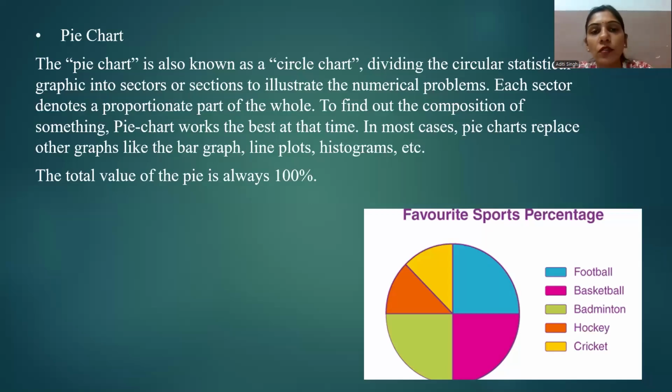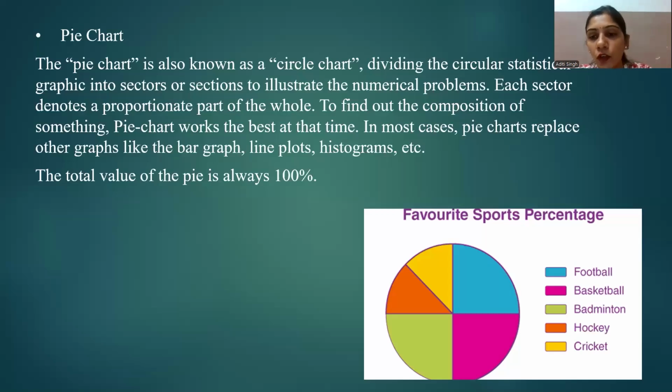There are some very important points for a pie chart. It should be a circular representation, have categories, allow visual comparison, have limited categories, and be very simple to understand.